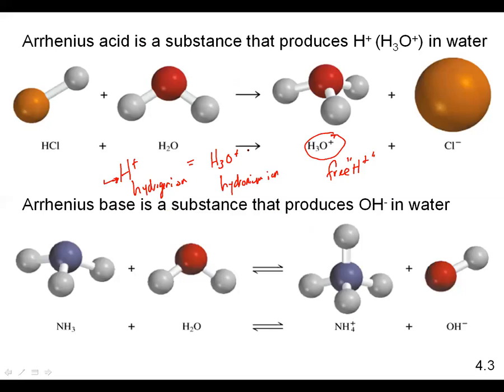The reason that you do get H3O plus is from a reaction like this. When you include water, this is basically an acid, so it's going to give the H plus over, and that's how you generate H3O plus. This is really just an equation that shows hydrochloric acid dissociated in water.